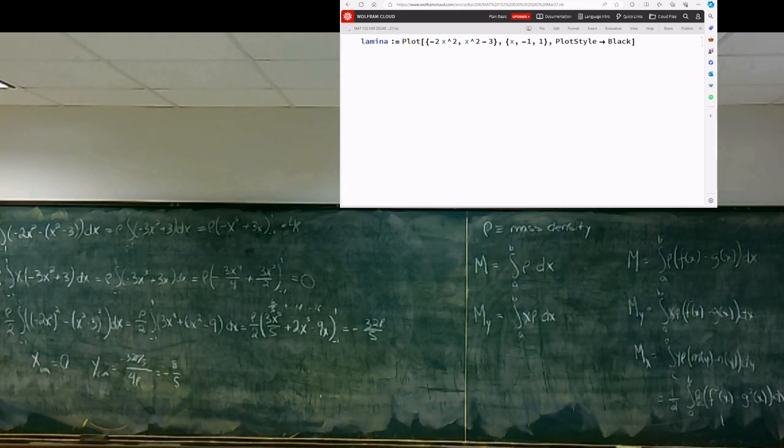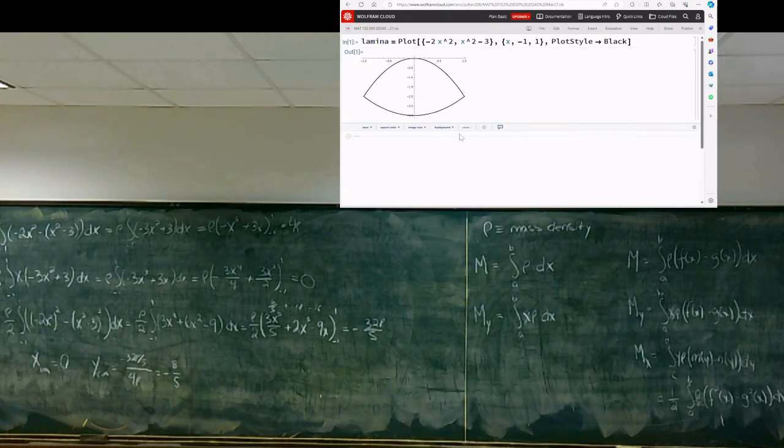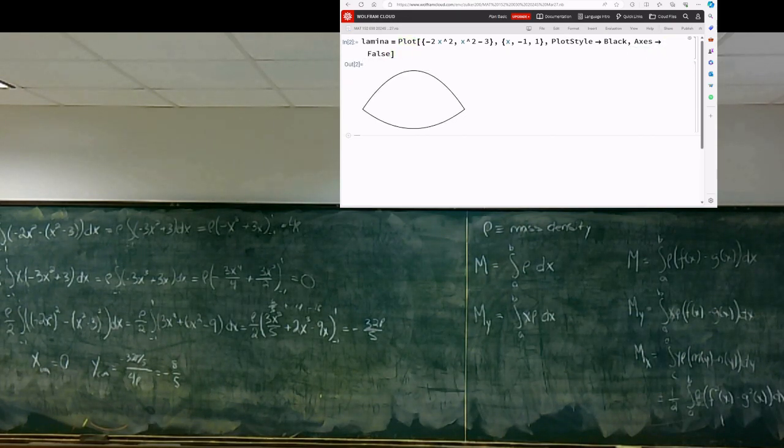So normally, let's just do this for now. It would give us that. But I actually don't care about the axes this time. So let's turn them off. Right? There's our sheet.